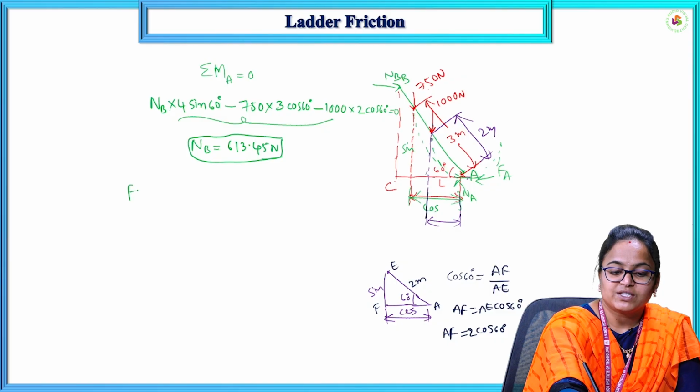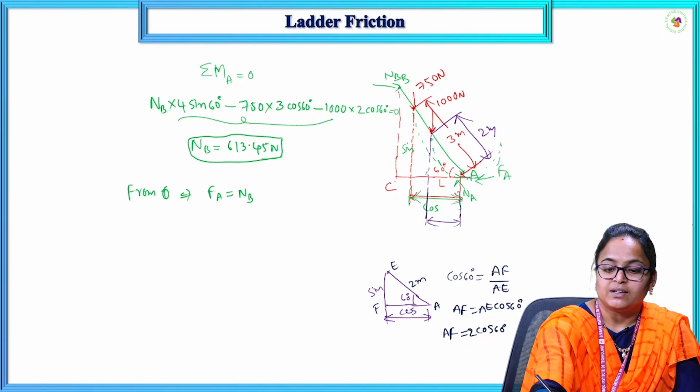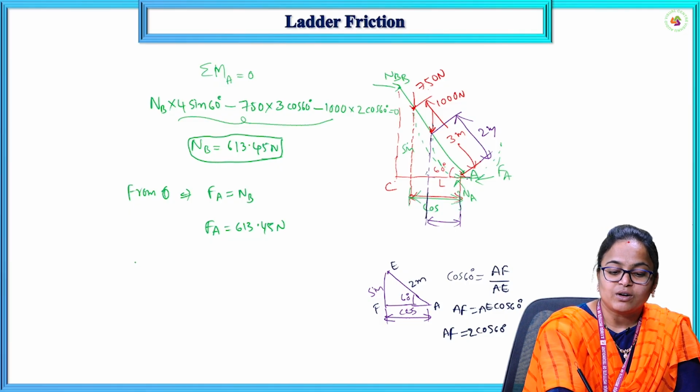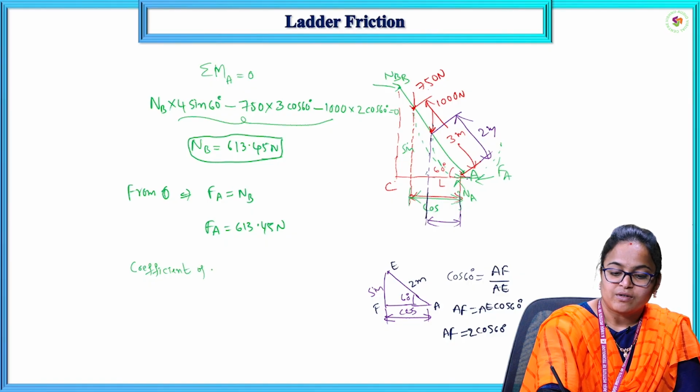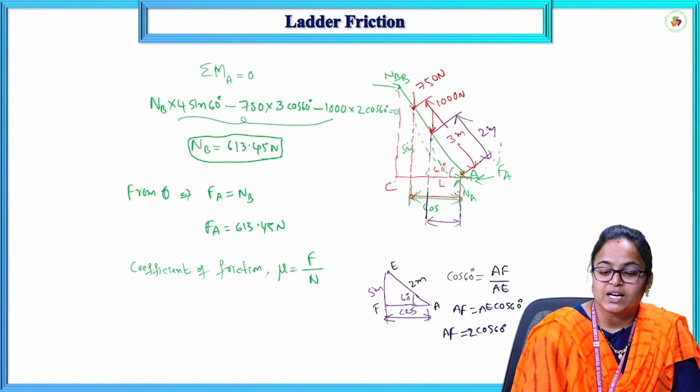Now from equation 1, we can write FA is equal to NB. That is, FA is also 613.45 newtons. Now we know the definition of the coefficient of friction: mu is equal to frictional force by normal reaction.